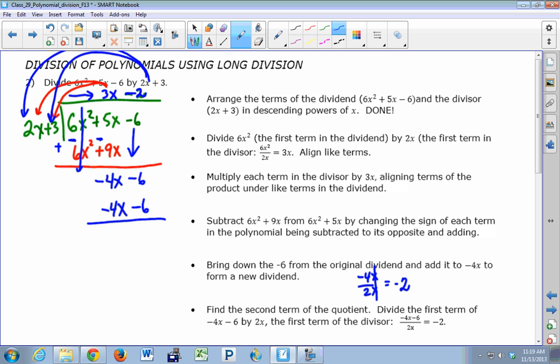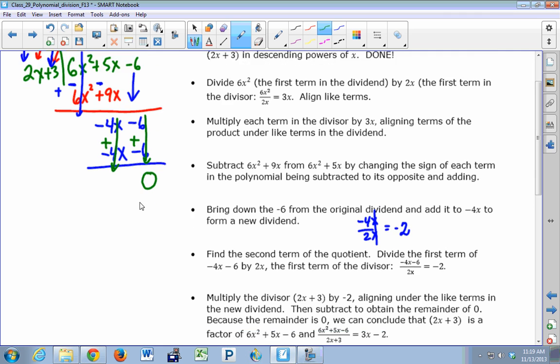And now you subtract both of them. And when you subtract a negative 4x, it becomes a plus 4x. And when you subtract a negative 6, it becomes a plus 6. So that goes to 0, and that goes to 0. So your remainder is 0.